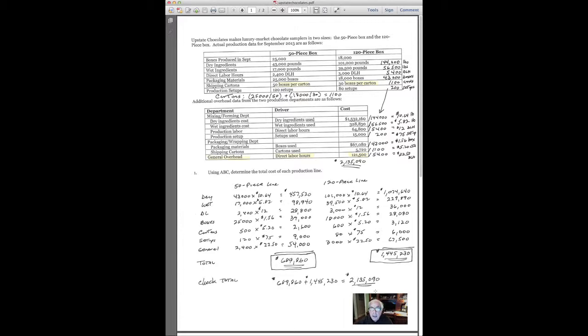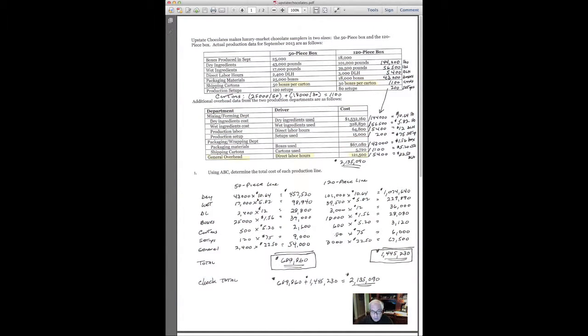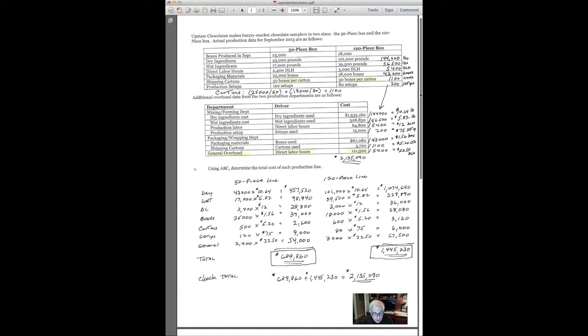It doesn't mean I didn't make one, but generally, for big errors, you would catch them that way. But again, all I had to do was figure out the total, use the total to find the rate, and then use the rates with the actual production and add them up. All right, so that's part one. Notice how little extra writing I did.